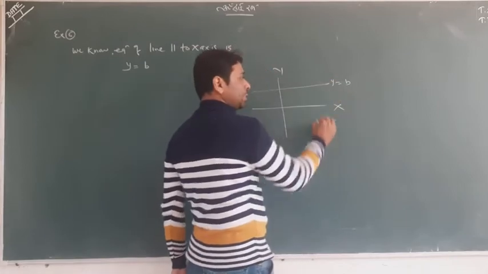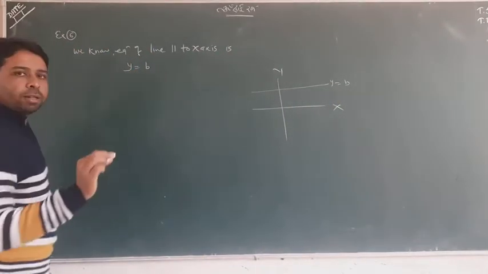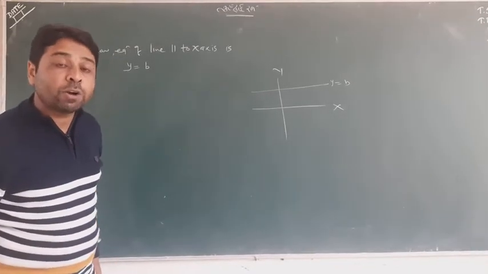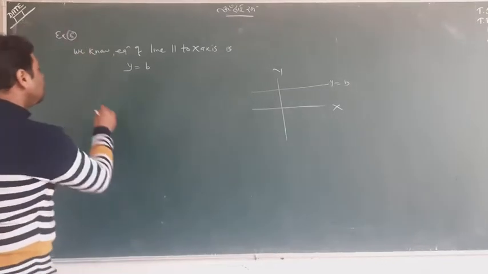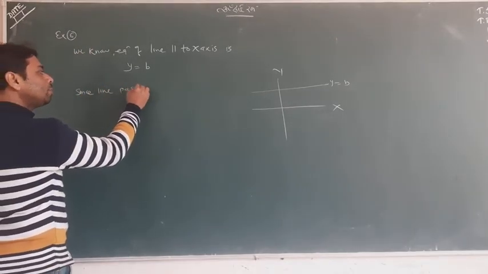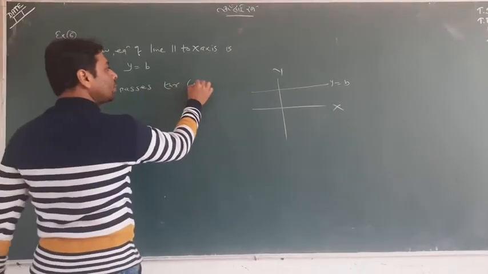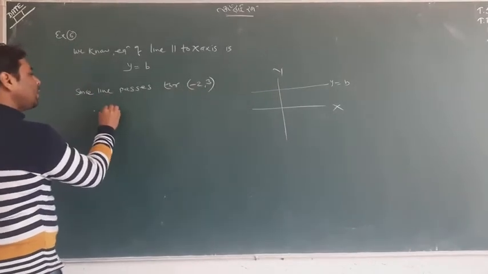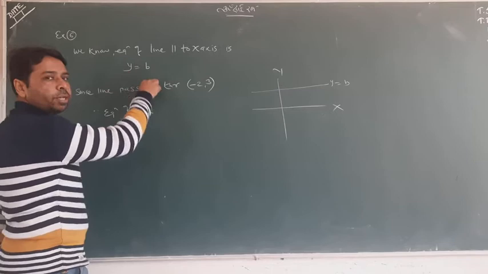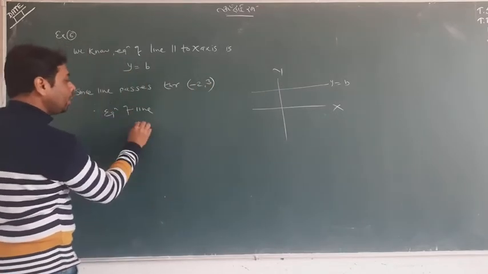It is b, still a constant, an unknown value. We will find the value of b. Since the line passes through the point (-2, 3), one can easily find the answer, y equal to b. So y equal to, what is y? 3. So your answer is y equal to 3.